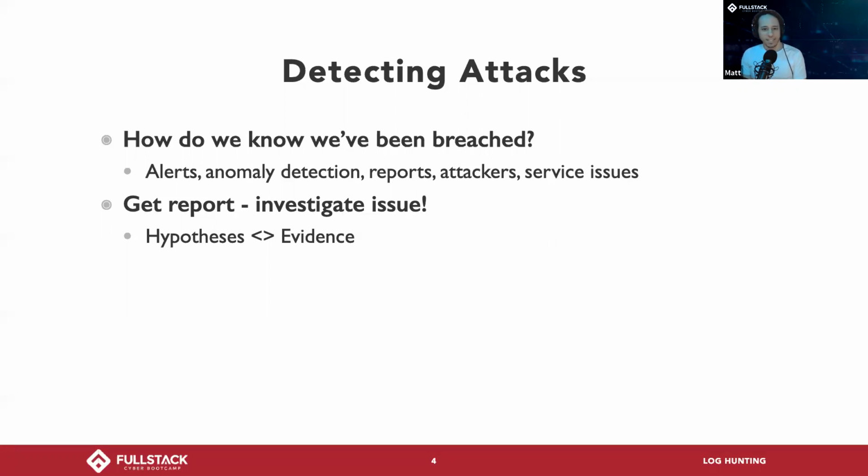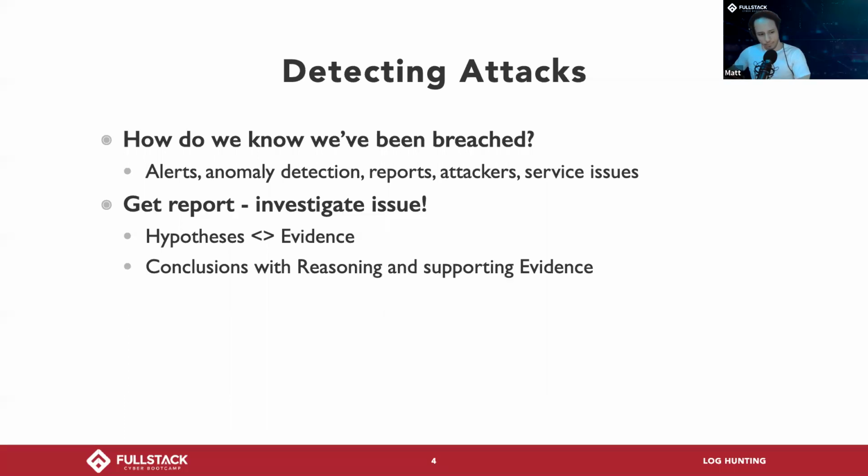The hypothesis is someone maybe stole those credentials and logged into this account. So now we need to look for evidence of that actually happening. Another hypothesis might be this person is using their VPN and connecting through Singapore, or through some other location. So what would be the evidence of that? You're going to generate these hypotheses, and then look for the evidence that would support them.